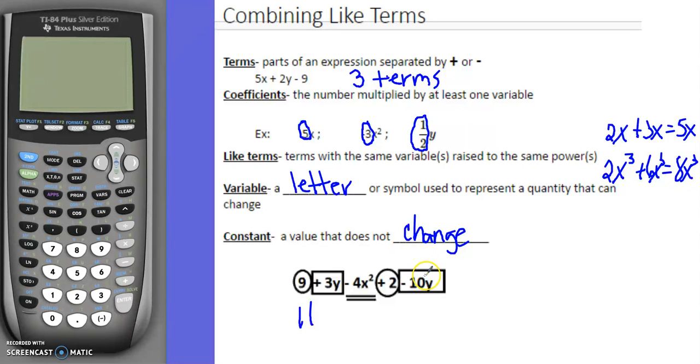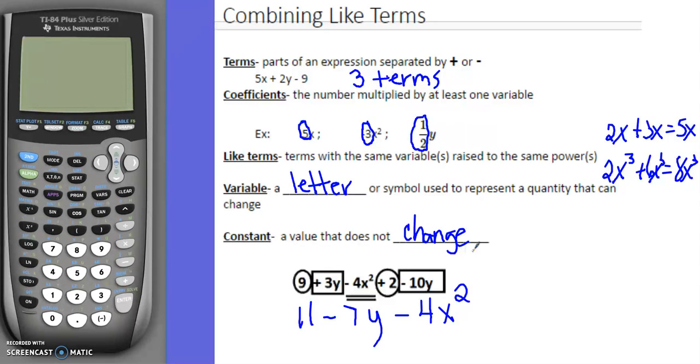A positive 3 and a negative 10 make a negative 7y. You cannot combine the x squared with anything else because there are no other x squareds. So you're just going to write minus 4x squared.